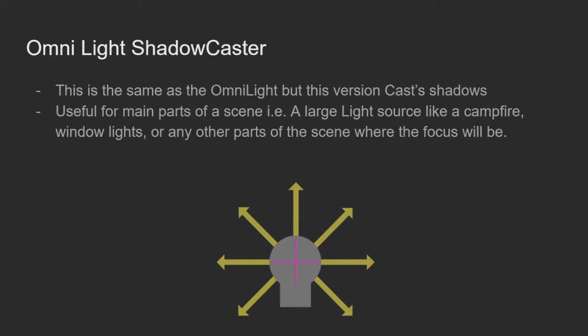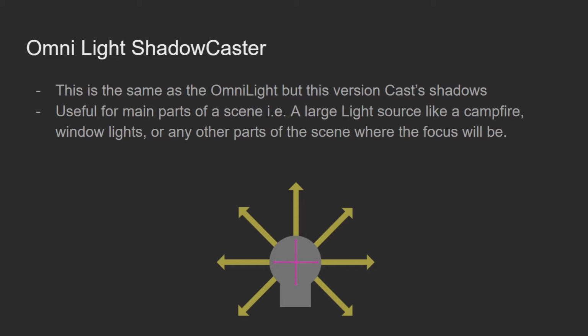The second light is the Shadowcaster. Again, you have to be very careful with Shadowcasters because you can only use 4 of them. There can only be 4 rendered at a time. If not, you'll get crazy light flickering, and it just won't be good for you. These are mainly used in the main focus areas of the scene.